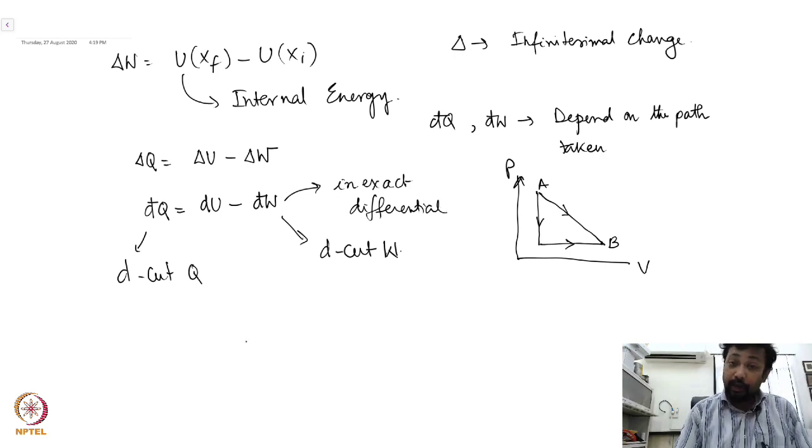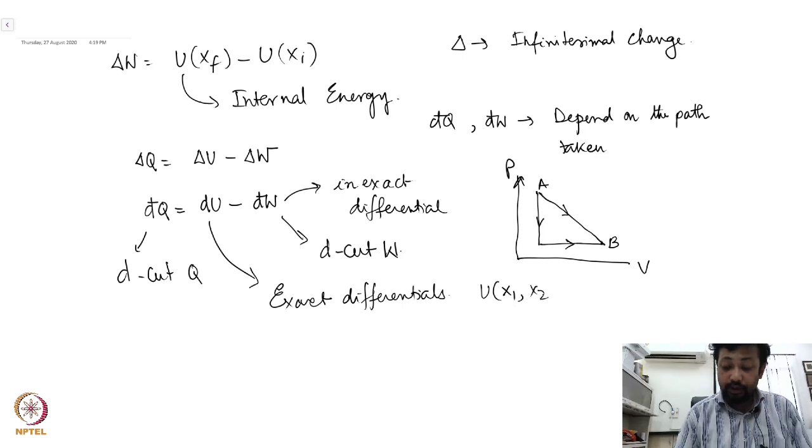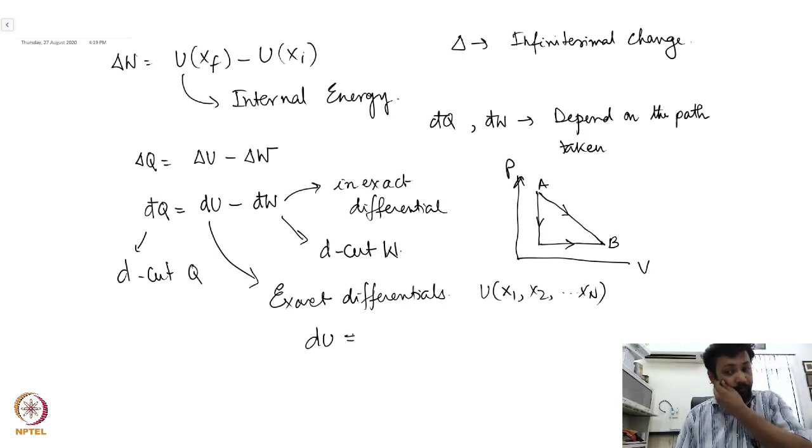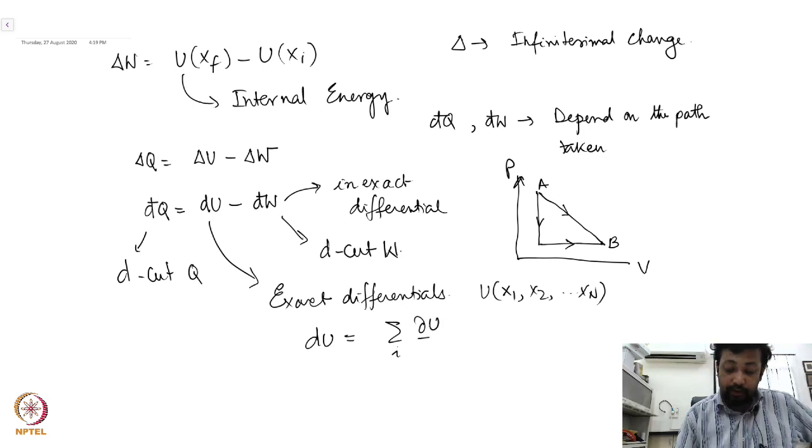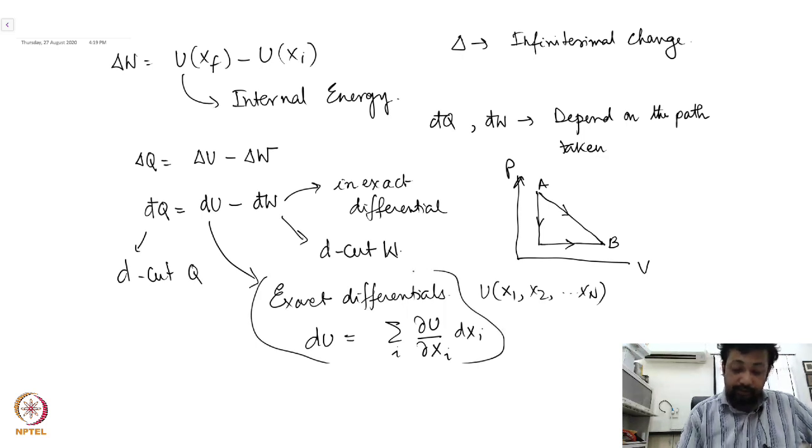Quantities which are not path dependent, such as the internal energy, are called exact differentials, which essentially means that if U was a function of x1, x2, all the way up to xn, then I can write down the infinitesimal change dU as the sum over i of del U by del xi dxi. This is for an exact differential.